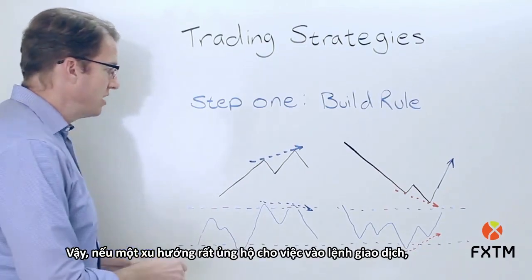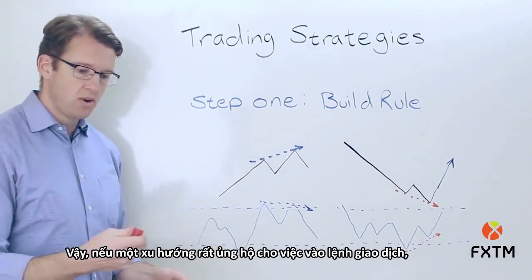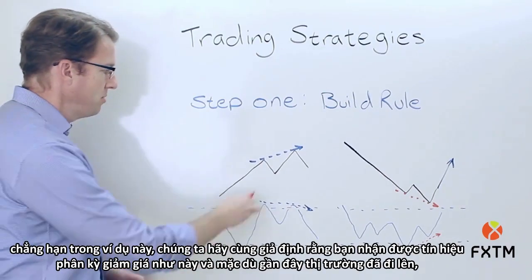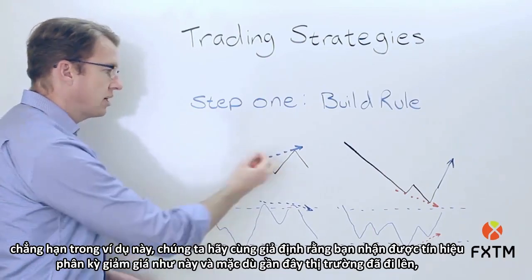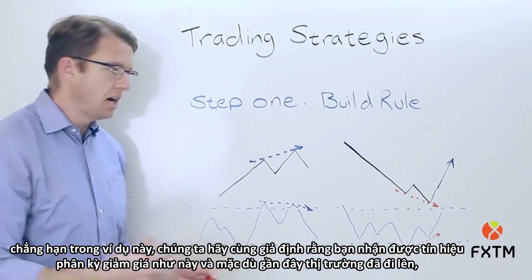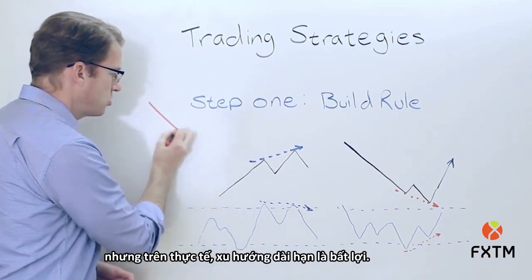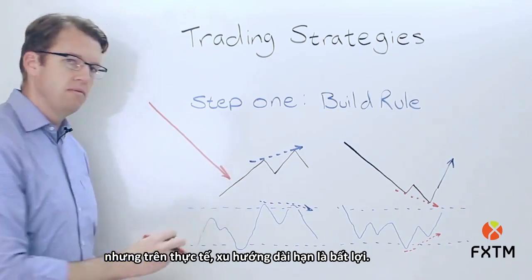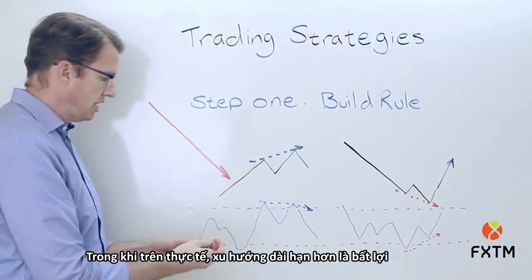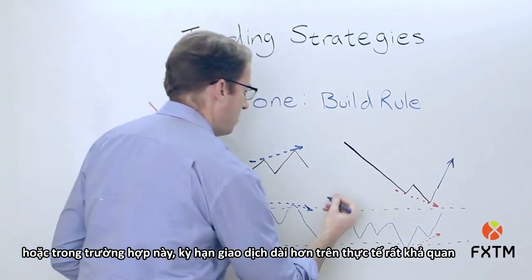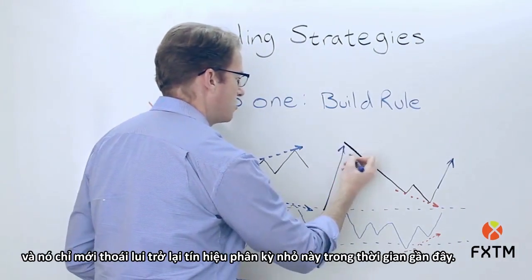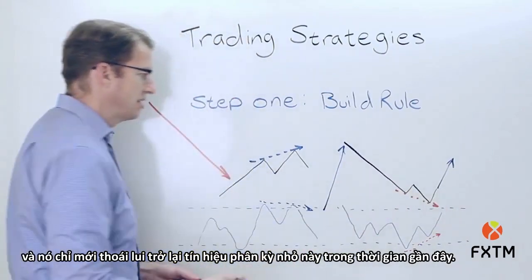So if the trend is very supportive of the trade entry, so let's say in this example that you get a bearish divergence like this, and although the market has been recently moving higher, the long-term trend was actually negative. Or in this case, the longer-term trend was actually very positive, and it had just recently pulled back into this little divergence.